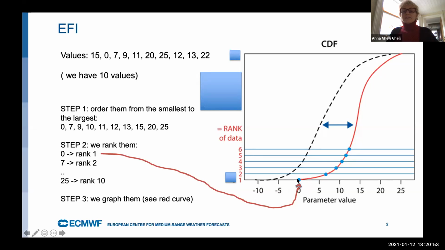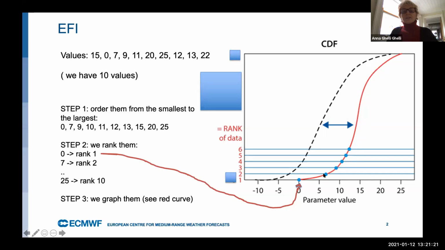Then the second value is number 7, and we put it on rank 2. The third value is 10, and we will put it on rank 3, on the position 3 in the y-axis. Then we have number 11, then we have number 12, number 13, and so on and so forth.